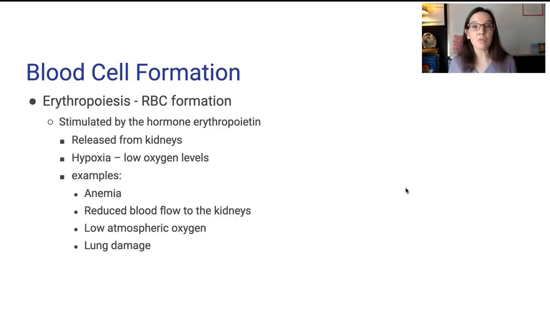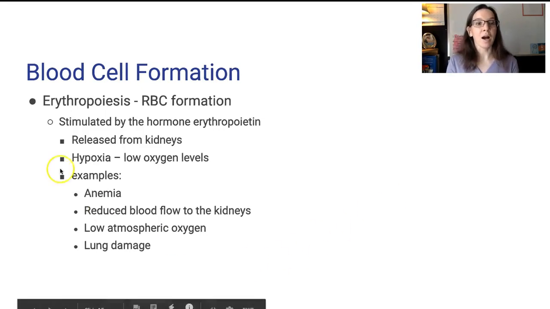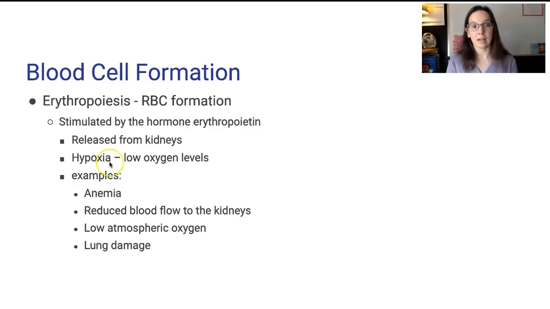But what it does register is how much oxygen was being carried on that blood. And if there's not enough oxygen on the blood, your kidneys assume that you don't have enough red blood cells to carry that oxygen. So the reason that the kidneys release erythropoietin is in response to hypoxia, which is hypo meaning low, ox meaning oxygen, ia, condition in the blood. So low oxygen levels, hypoxia.